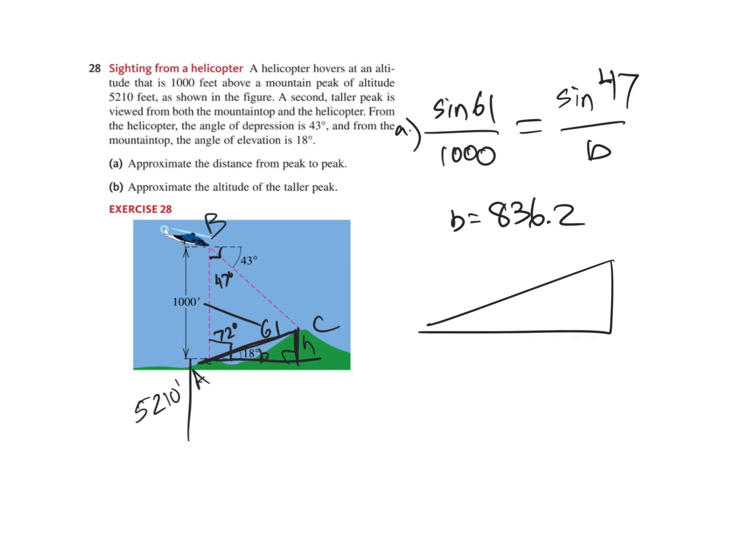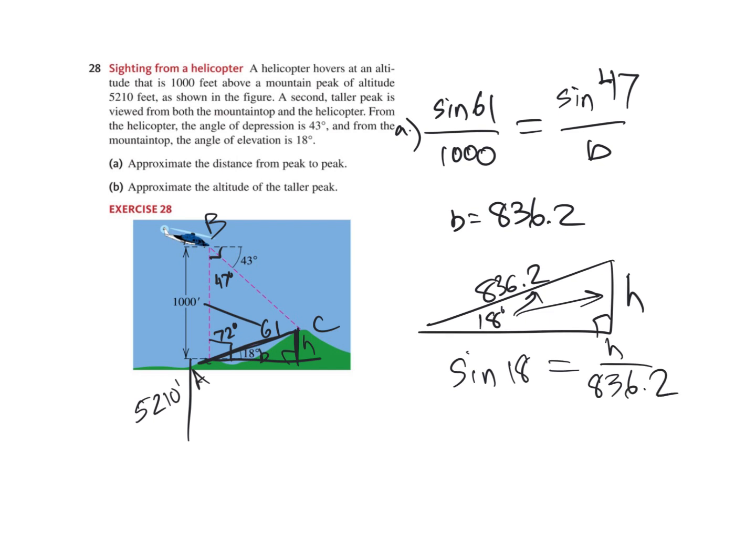So let me draw this out here. To get the height, this is 18 and this is 836.2. Well, opposite and hypotenuse is the sine. So the sine of 18 degrees is equal to the opposite leg over the hypotenuse. So take 836.2 times the sine of 18, and that gives you 258.4 feet.